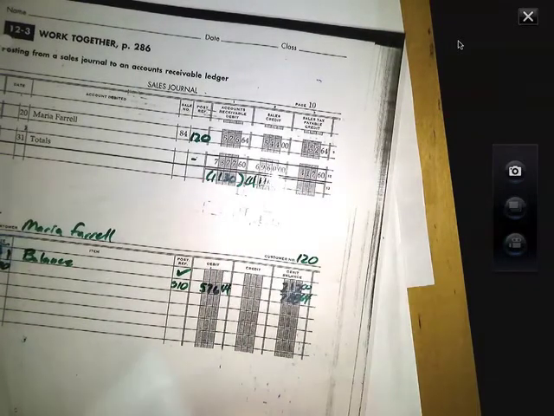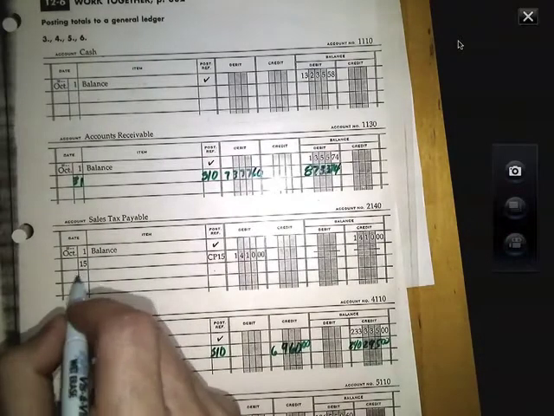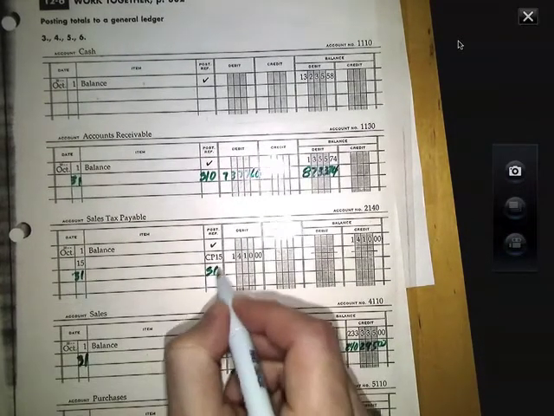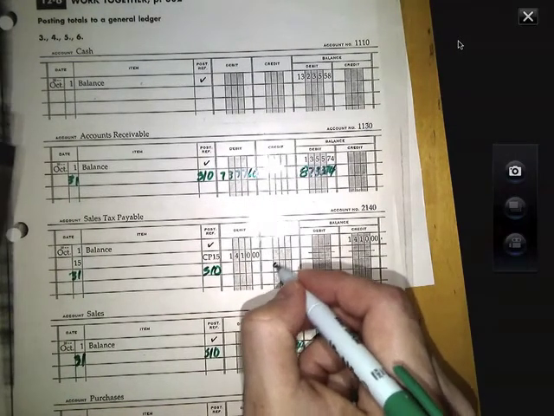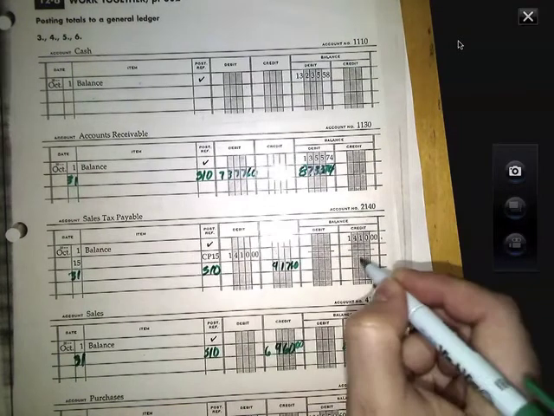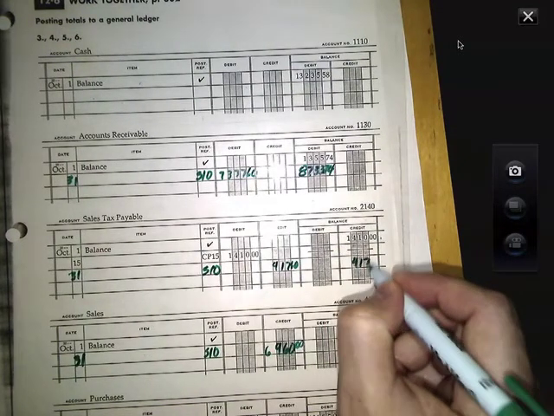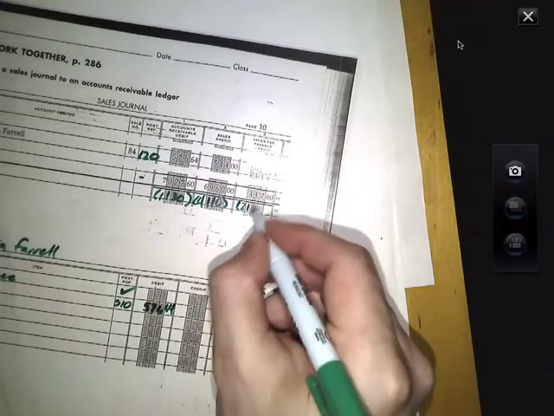Then sales tax payable credit for 417.60. Sales tax on the 31st, S10, there's a credit for 417.60. So the new balance is 417.60. 2140.